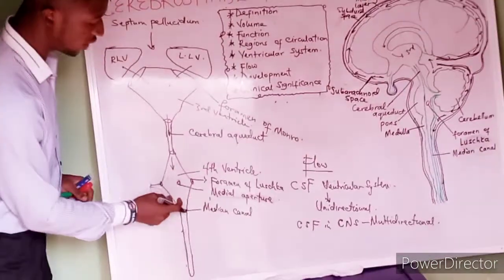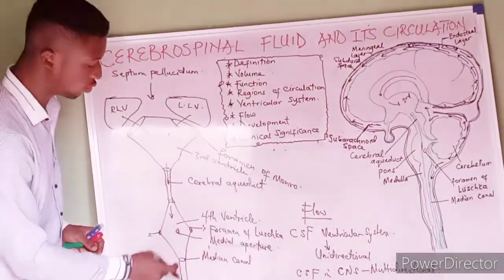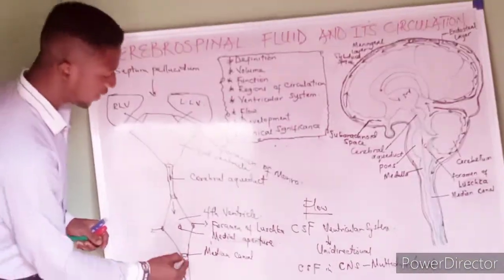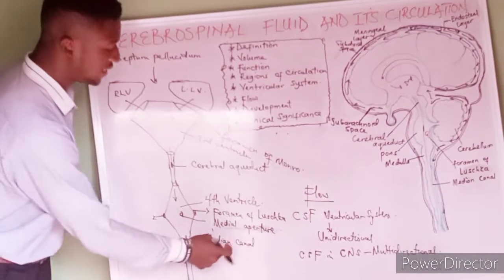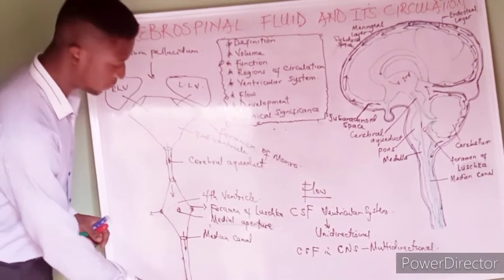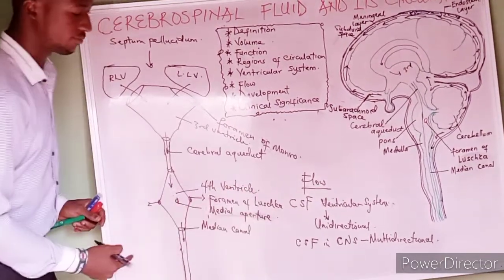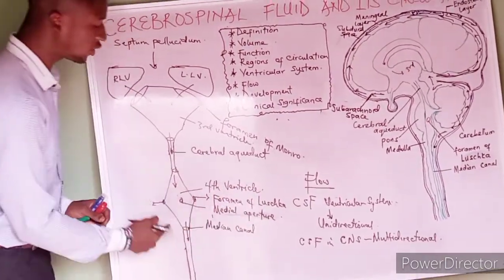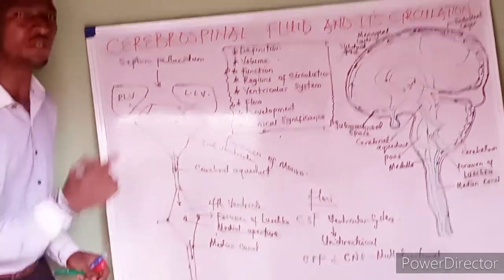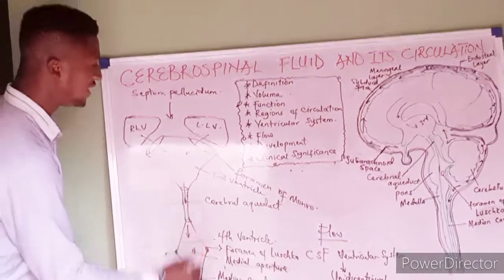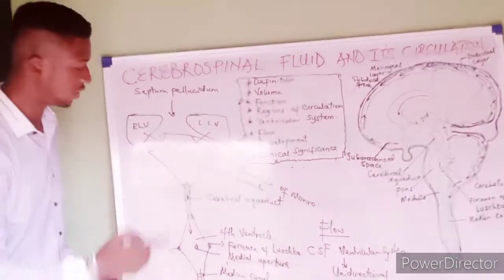From this position, at the fourth ventricle, the fluid goes through the medial canal into the spinal cord, and through the foramen of Luschka and the medial aperture, it flows into a region called the subarachnoid space.